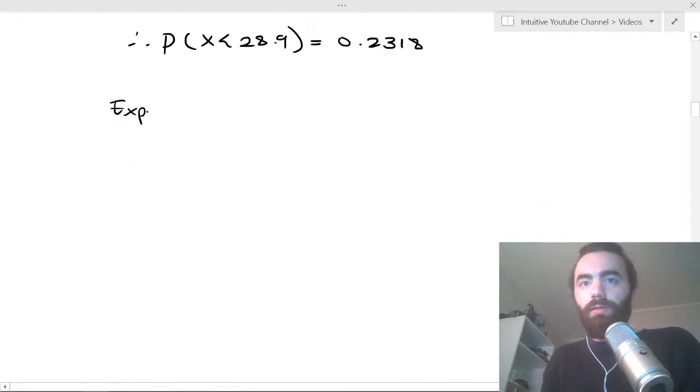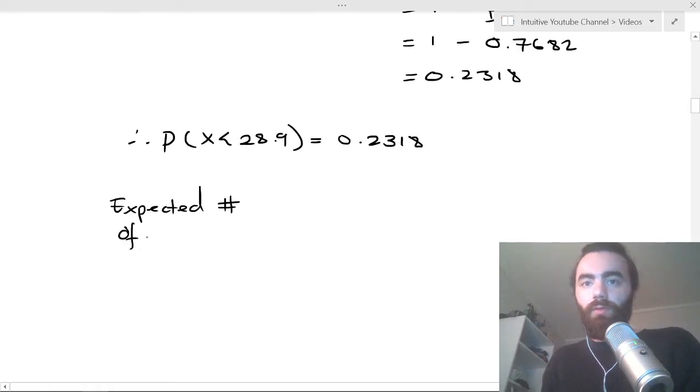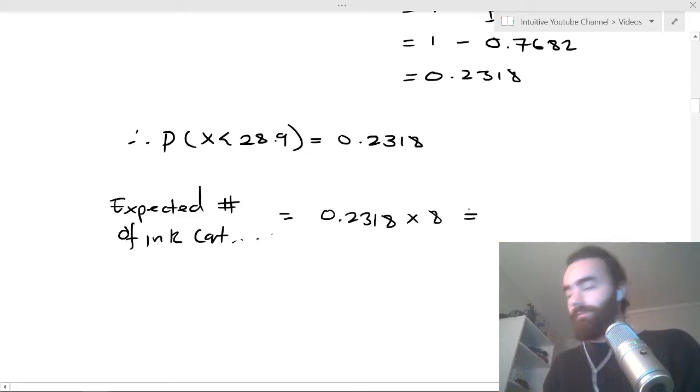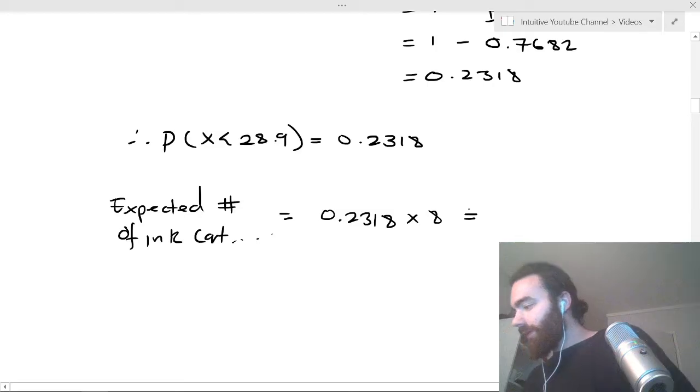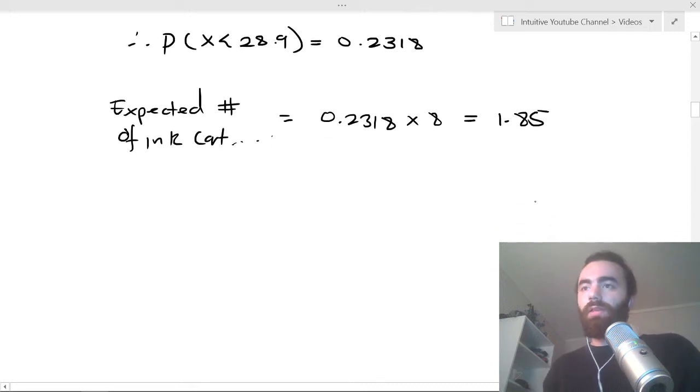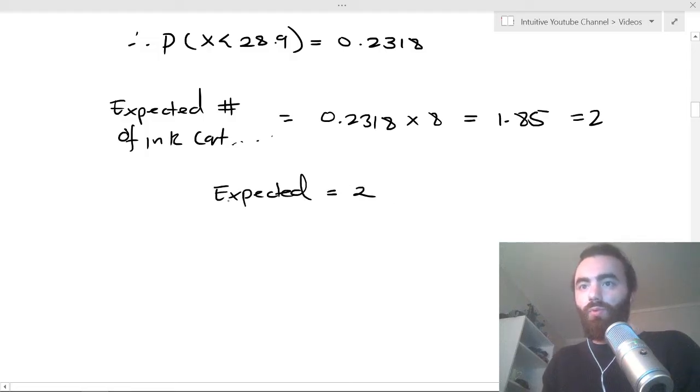So the expected number of ink cartridges equals 0.2318 times 8. So we times that by 8. And that gives us 1.85. You can't have 0.85 of a cartridge, so it's closest to 2. So we can say the expected number is 2. Cool, and that's your answer there.